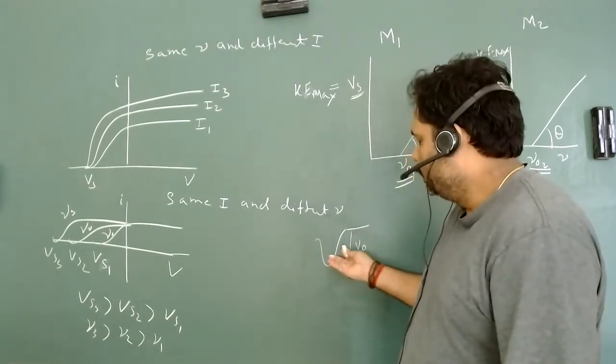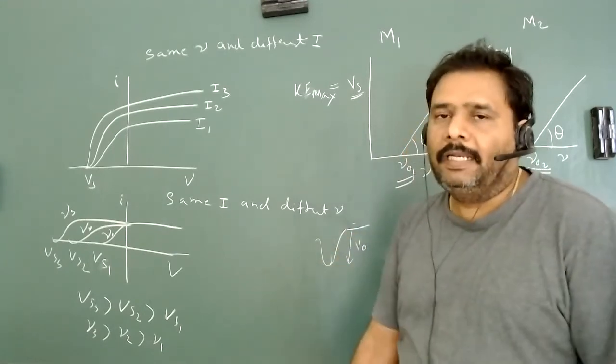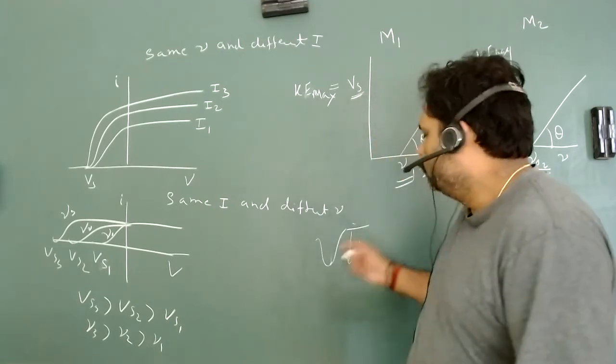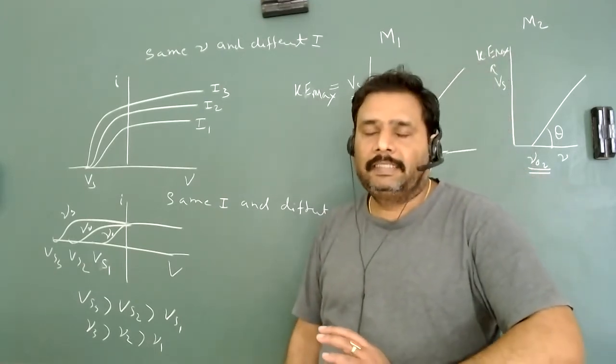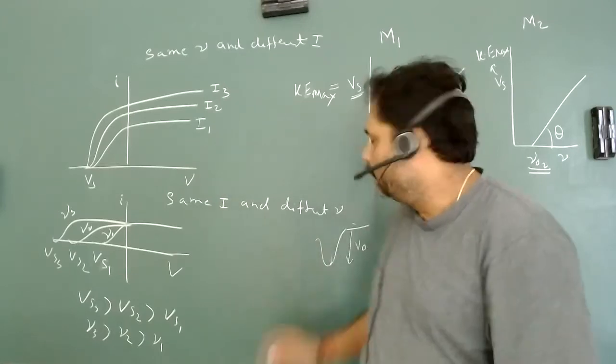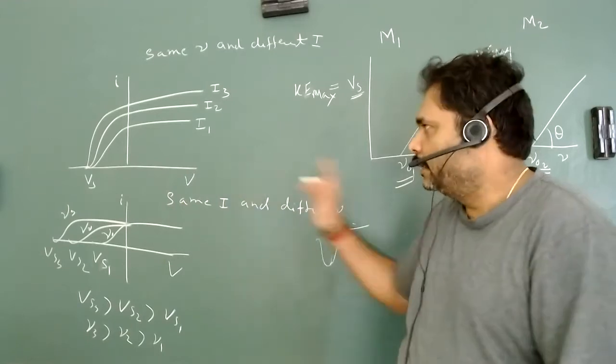Suppose somehow we can give this energy to this electron, it will come out of this valley if it has the minimum potential V naught, and if it has more than energy V naught, then it can come out and become free, and then current will be produced.